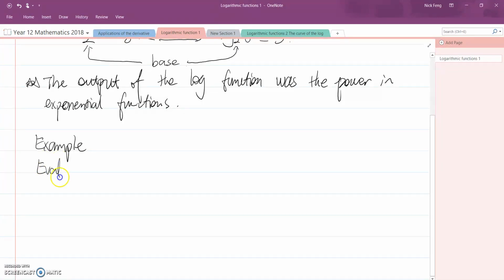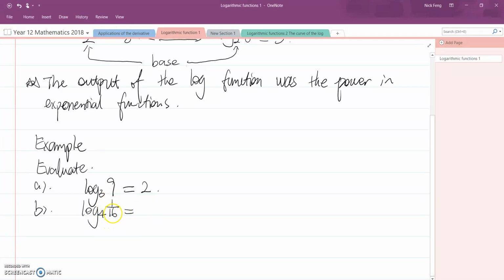So let's evaluate. Let's say log base 3 of 9, that is 3 to the power of something that will give you 9. Of course, 3 to the power of 2 is 9. Okay, so let's say log base 4 of 1 on 16. So 4 to the power of what gives you 1 on 16?